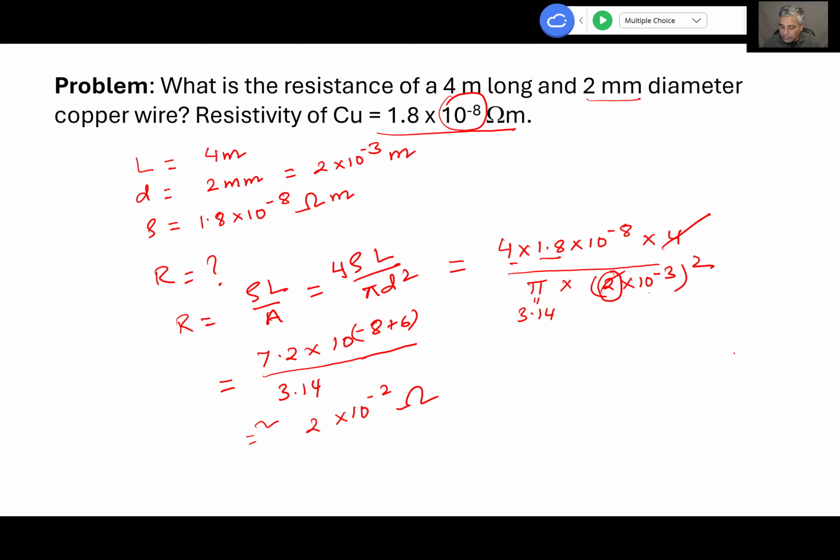So if you have a 1 meter wire, you have about half an ohm. And if you are using that wire for, let's say, a toaster, then usually that wire is thick, so the diameter is larger than 2 millimeter. That makes the resistance even smaller.